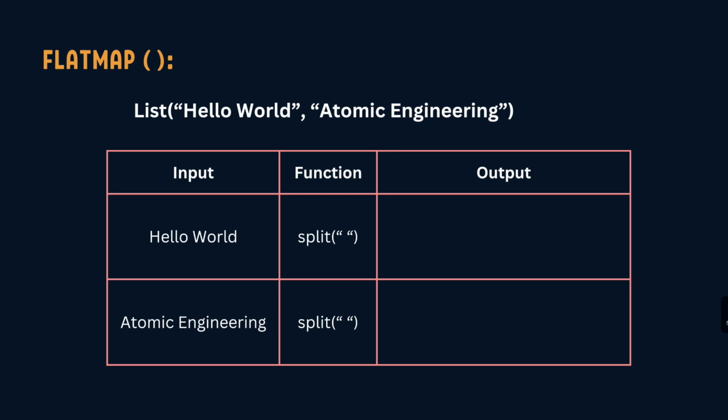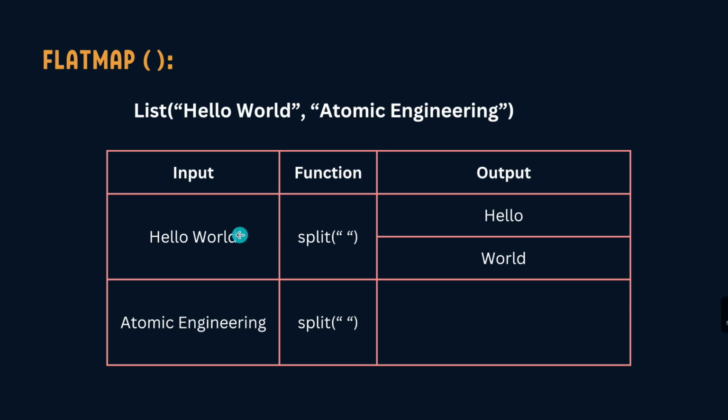If we apply flat map instead of map to this input, we are going to see a different output, which is two elements for the same input hello world. These two elements are basically the flattened version of the output. That's why we call it flat map. So the result is usually an array containing two elements, but the array is flattened out into individual elements again.